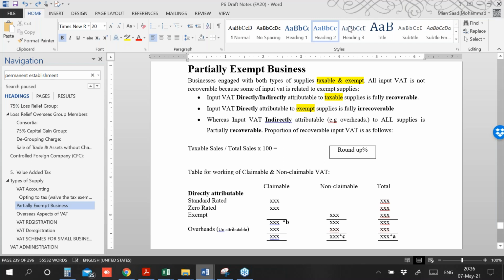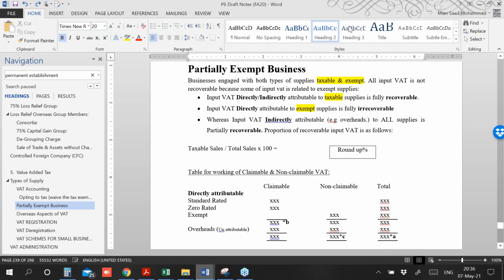But on both, you charge VAT, and for all of the overheads that you incur to make those sales, if you have suffered input VAT on them, you can recover that VAT as well out of the output VAT you receive in exchange for taxable sales.